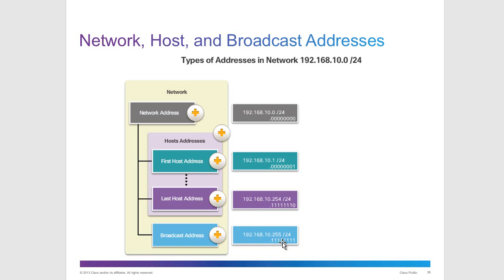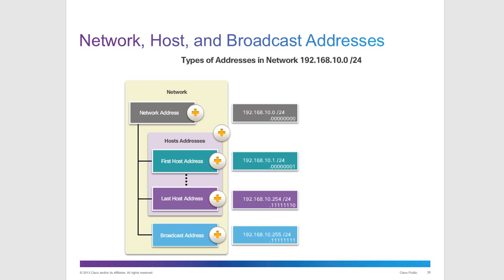That is your broadcast address. It cannot be assigned to a host. It's reserved for broadcasts. So again, the first address in the range is the network address, last is the broadcast address, and everything in between is assignable to hosts. Hopefully that's clear.